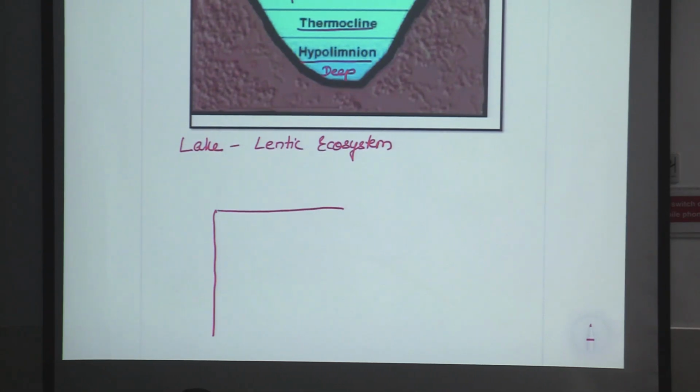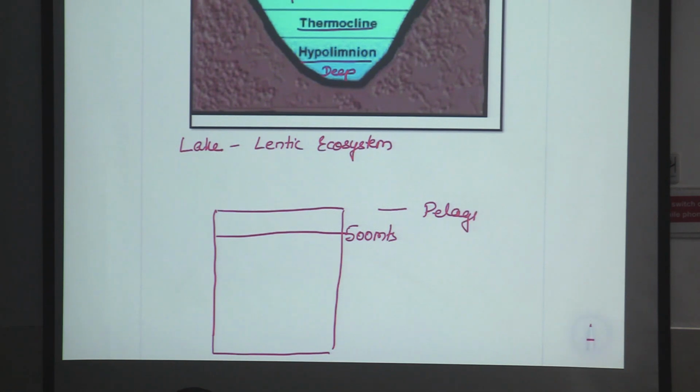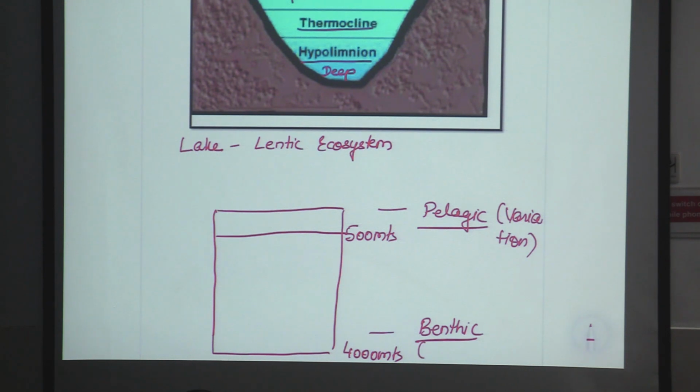And now if I have to apply the same for the ocean, I'll say this is my hypothetical water column. Surface water, maximum to the depth of 500 meters, will be called pelagic, and deep water, because the average depth of ocean water is 4000 meters, will be called benthic. It is all variation here, and this is all uniform.